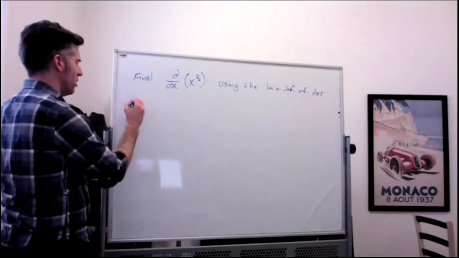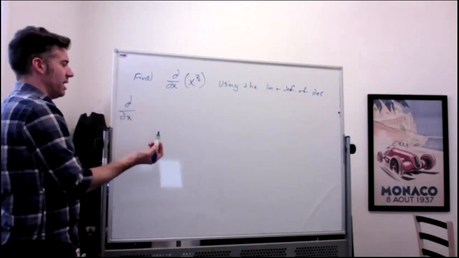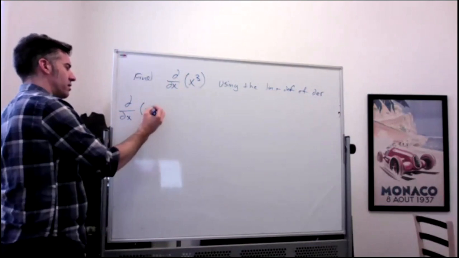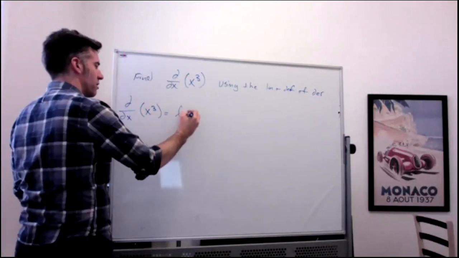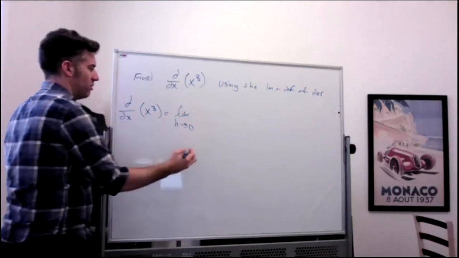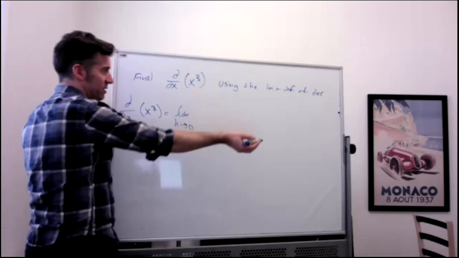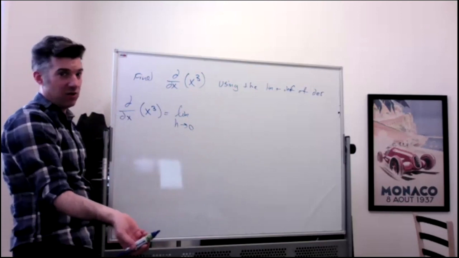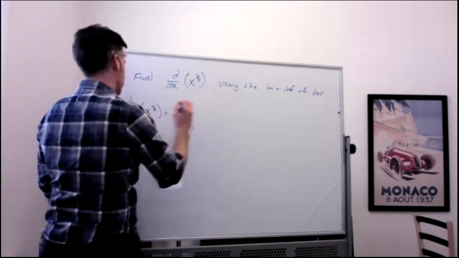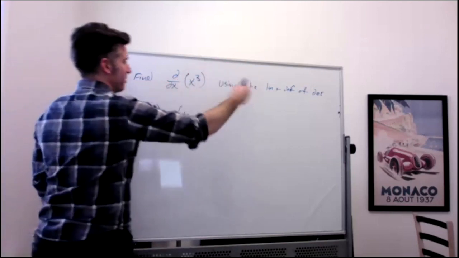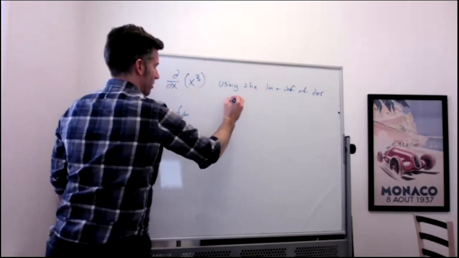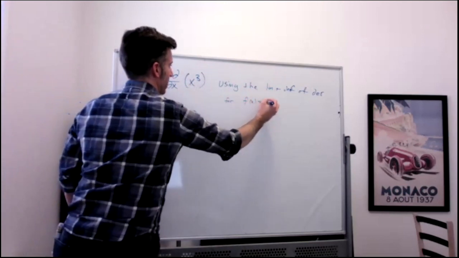You say, the derivative d dx of x cubed is equal to the limit as h goes to 0 of, so I would write f of x plus h minus f of x, but they don't have anything called f of x. So I'd have to say I'm going to let f of x be x cubed.